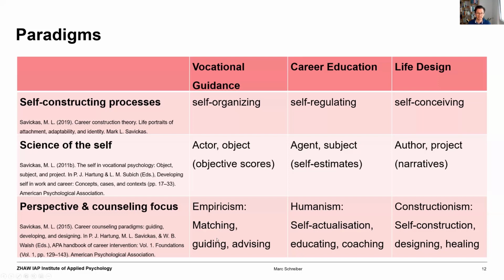It's about guiding, so counselors guide clients, and it's about giving advice. If we have a look at the research, very often the dependent variable is work or life satisfaction. This is the aim, basically. We try to match people so that they can improve their work or life satisfaction.